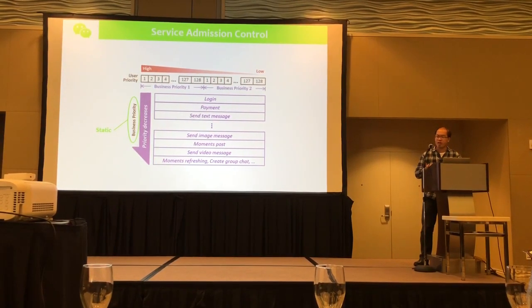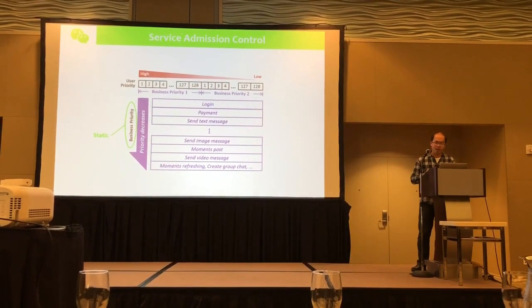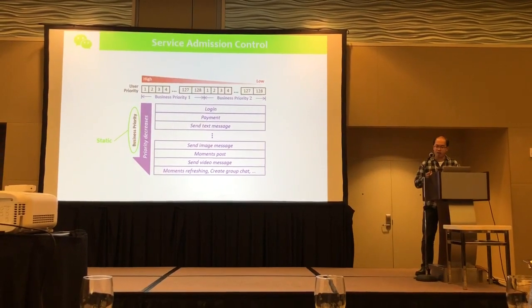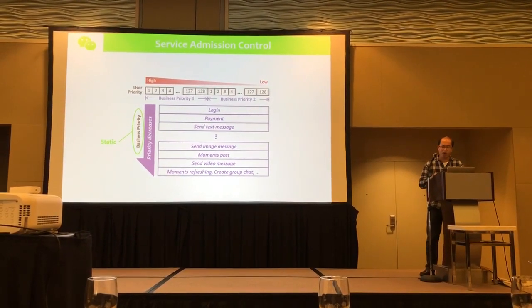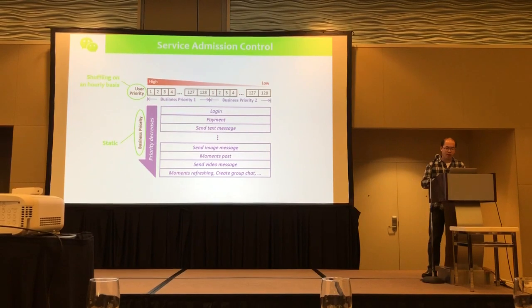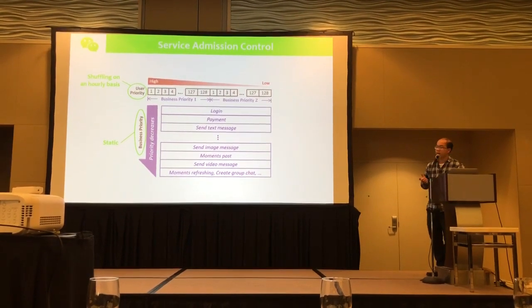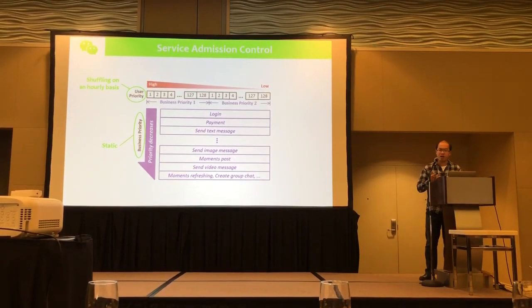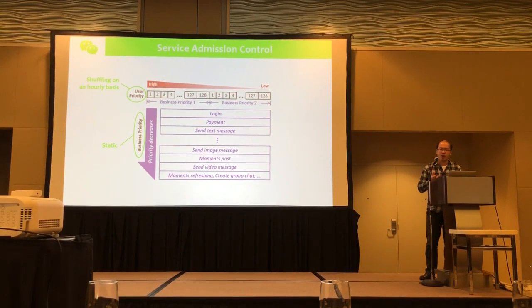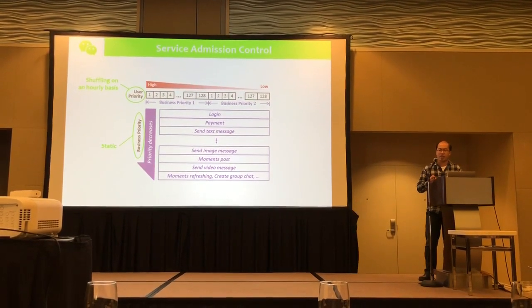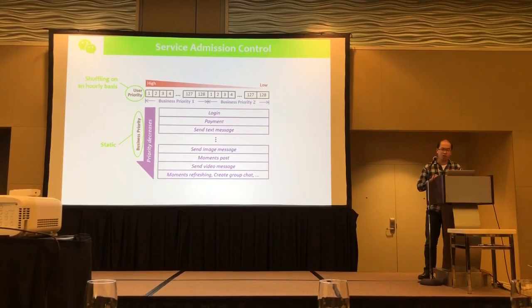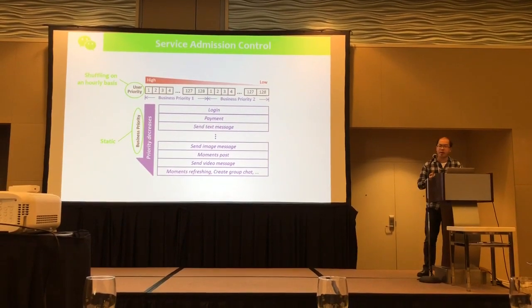So we further define a user priority to make the overall control more fine-grained. The user priority is not static; it is generally based on a hash function taking effect on the user ID. So this will reshuffle on an hourly basis.